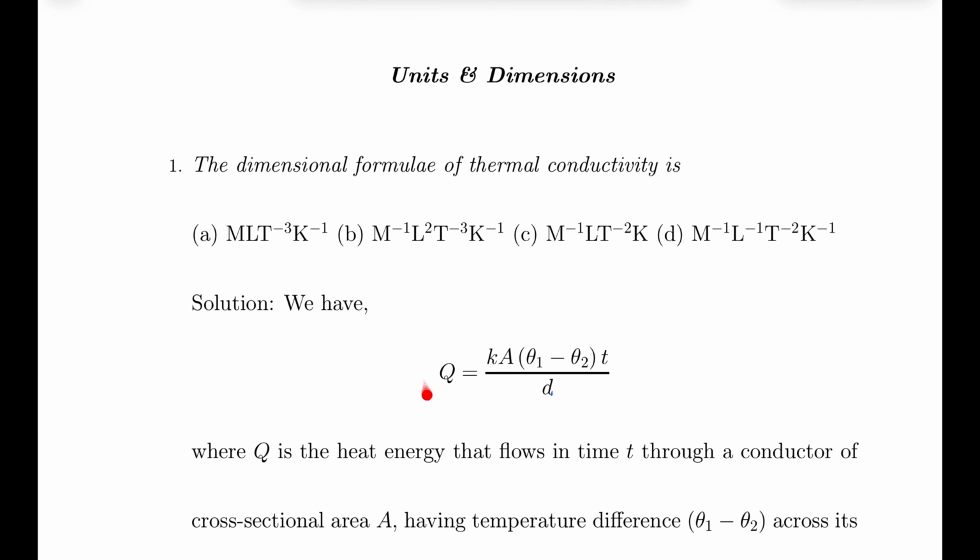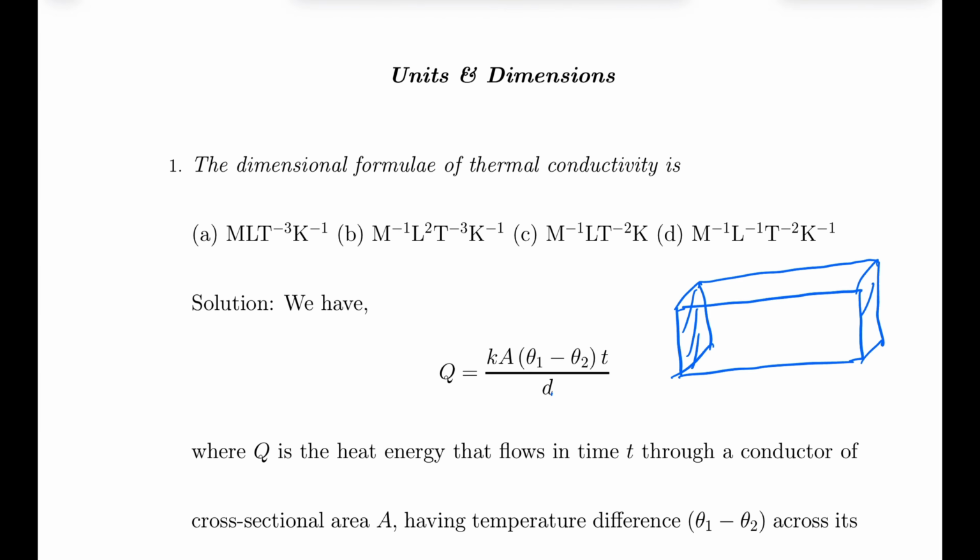Here we have this equation which is relevant in this connection. So let us see what this equation means. So we have a conductor of cross section area A. Okay, this end is at temperature theta1, this is at temperature theta2.